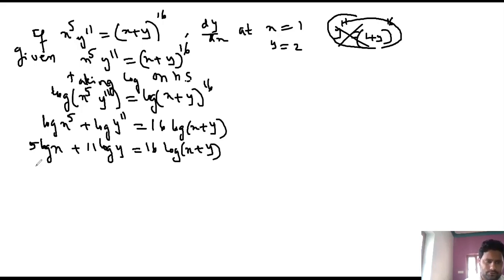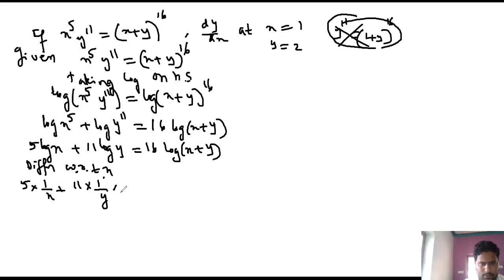So now we differentiate this with respect to x. What is the derivative of 5 log x? 5 into the derivative of log x, 1 by x, plus 11 into the derivative of log y, which is 1 by y into dy by dx, is equal to 16 into the derivative of log (x plus y), which is 1 divided by (x plus y) into the bracket 1 plus dy by dx.